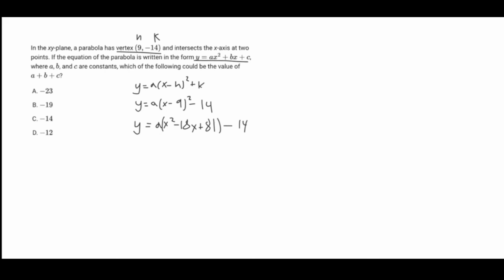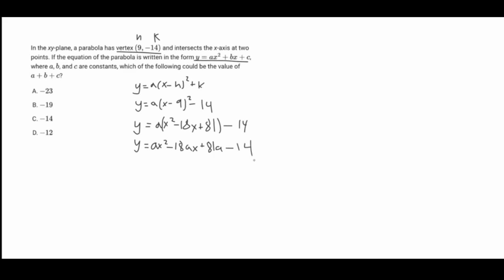But now notice how the a is attached to it, so we need to distribute the a again to each of these terms. So then we get y equals ax squared minus 18ax. And yeah, guys, make sure you try the problems on your own, all right? Plus 81a, and then we add negative 14 at the end.